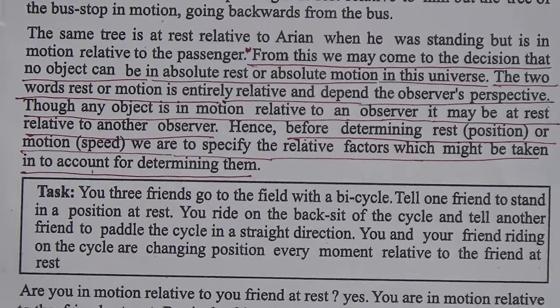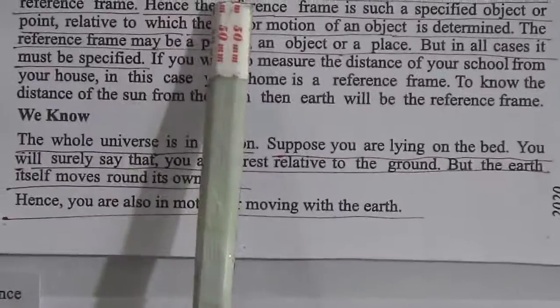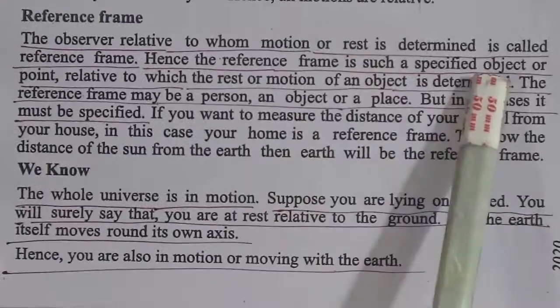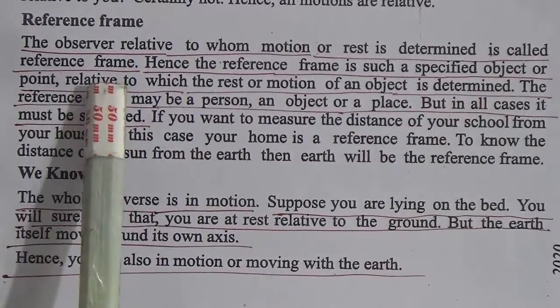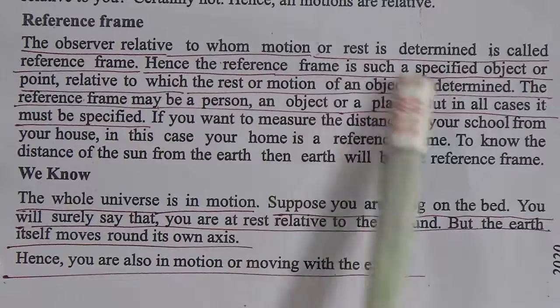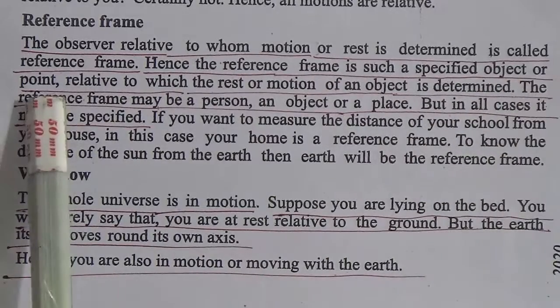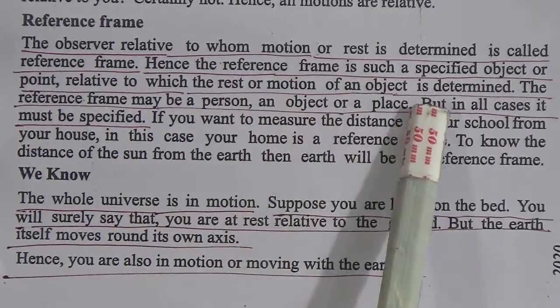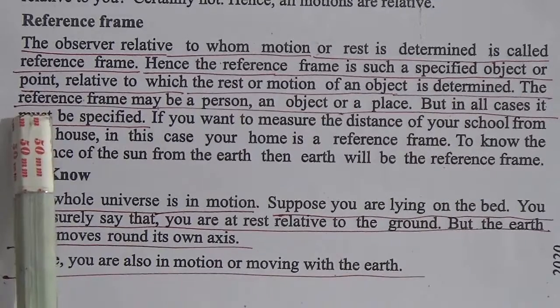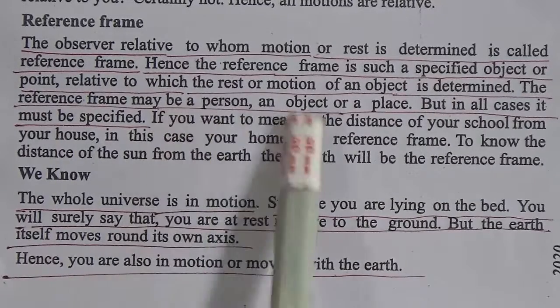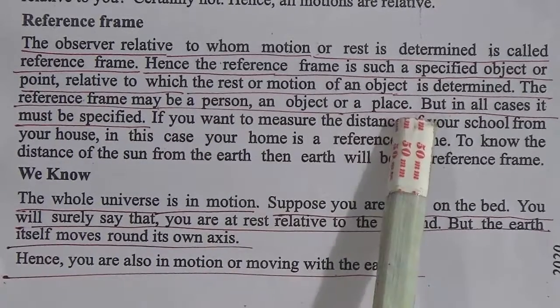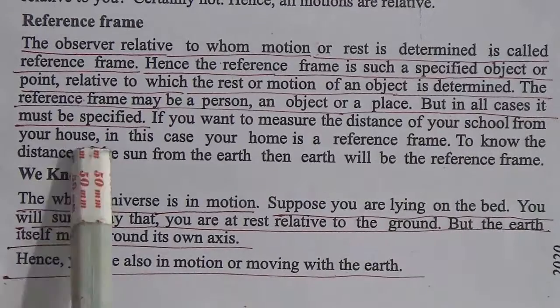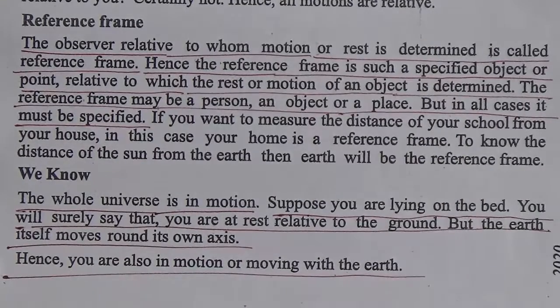Now, reference frame. The observer relative to whom motion or rest is determined is called the reference frame. Hence, the reference frame is such a specific object or point relative to which the rest or motion of an object is determined. The reference frame may be a person, an object or a place, but in all cases it must be specified.